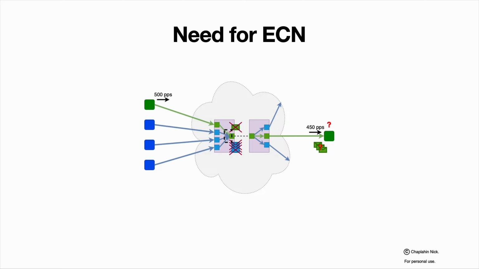But still, our receiver has no clue what's going on. We just see that traffic is being lost. It can be lost because something happens here, or something happens in the network. So we are just observing the problem itself.